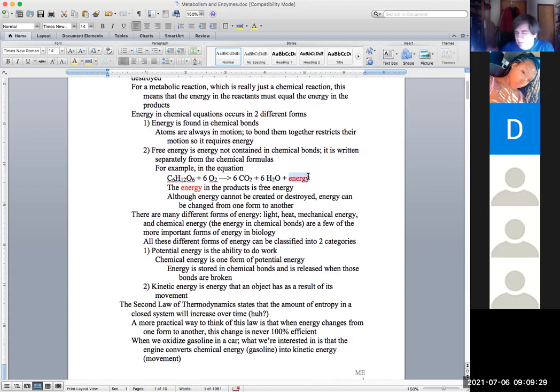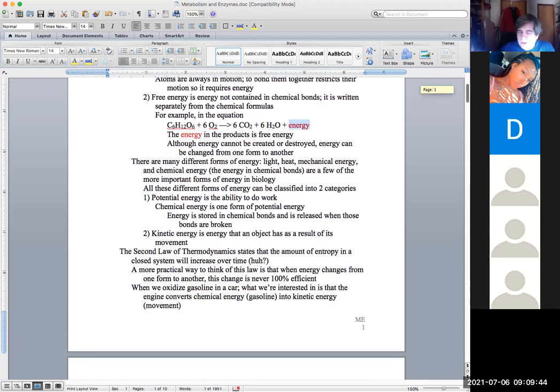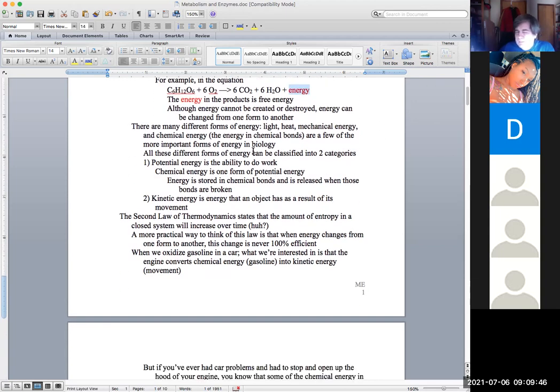And some of it has kind of come loose, so to speak. It's not in chemical bonds anymore. So we can change energy. We can change which chemical bond the energy is found in. We can't create it. We can't destroy it. So we want to keep that in mind.